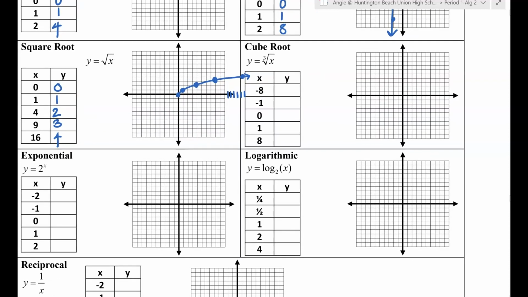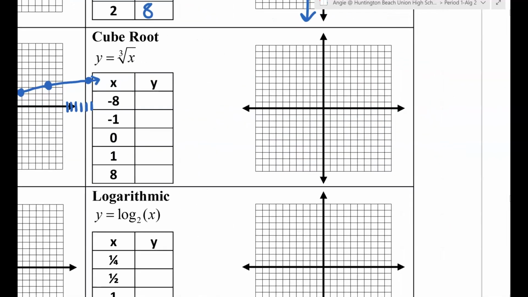Now cube root means that I can have negative input, and the cube root of -8 is now -2, -1, 0, 1, and 2. So -8 is now -2, -1 is -1. So this is sideways.